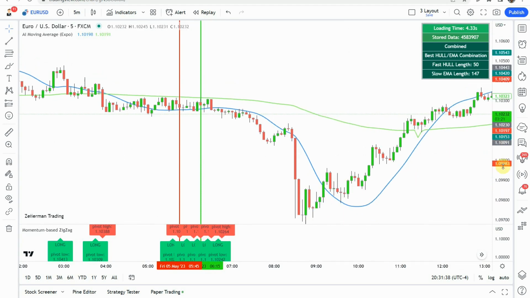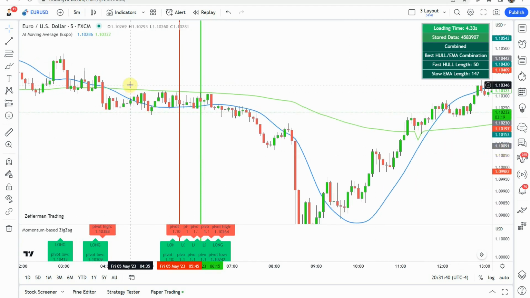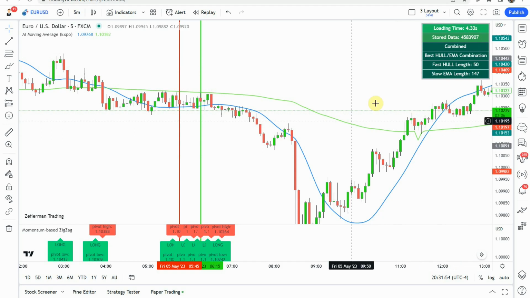Now, this indicator is very interesting because basically it is using machine learning AI technology to constantly read these moving averages and optimize them at a particular length according to what the market is doing.